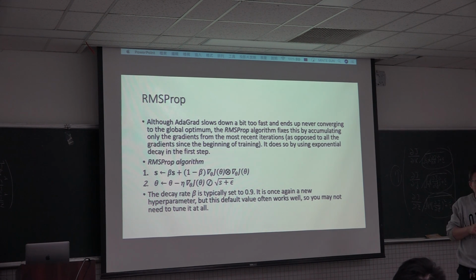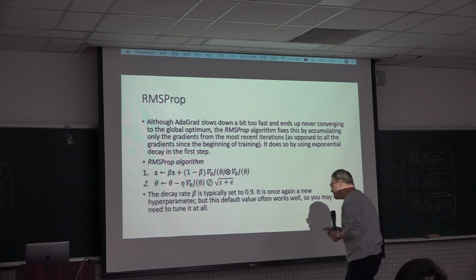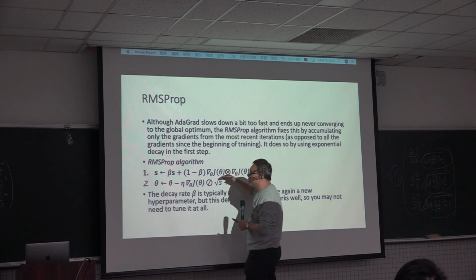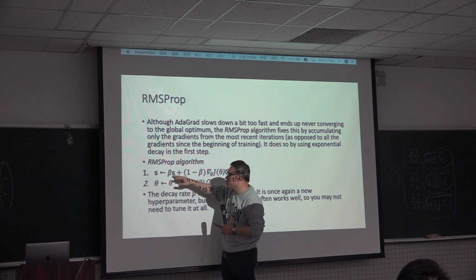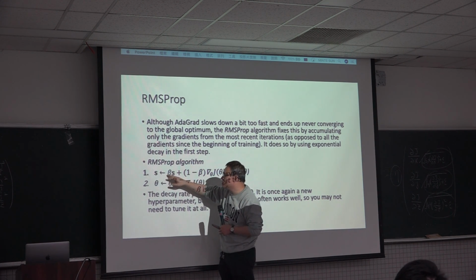Eventually, we compute the average for the whole class. That technique is called exponential decay. Now you can see we apply exponential decay when we compute the S.